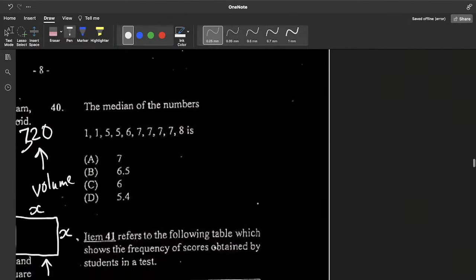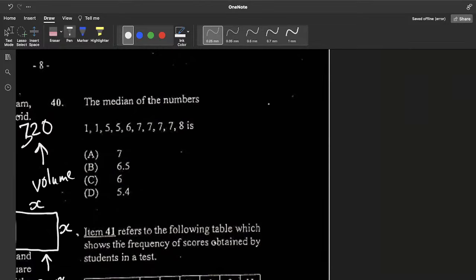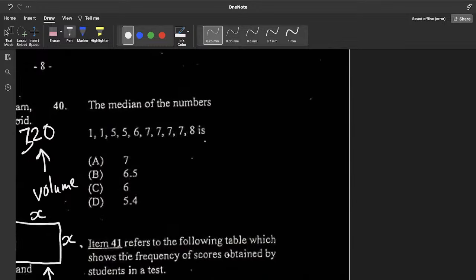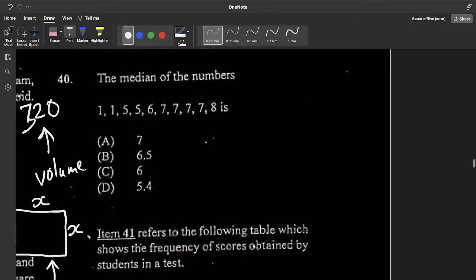Alright, so question 4, the median of the numbers. Now the good thing about this one is that they actually put the numbers in order from lowest to highest already. If you did not get the numbers in lowest to highest, you have to arrange them from lowest to highest in order to figure out the median. So let's say we have 1, 2, 3, 4, 5, 6, 7, 8, 9, 10 numbers here, right? So let's just work out which ones are the middle. We cross off 1 at the end and the beginning.